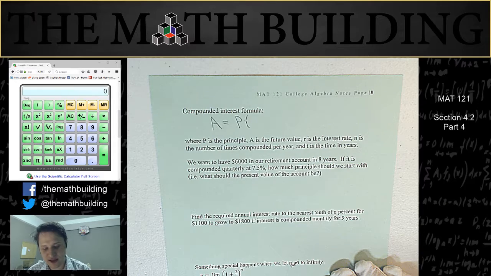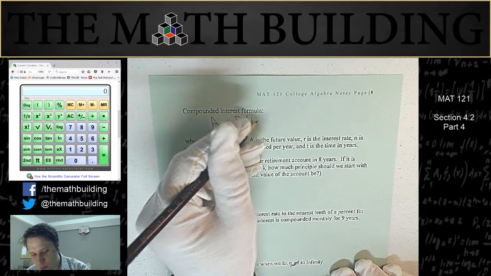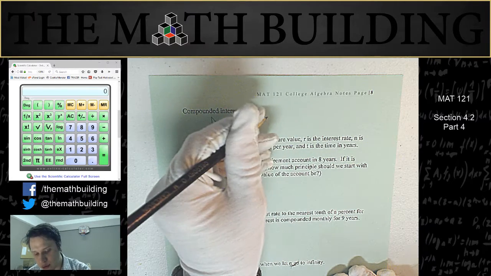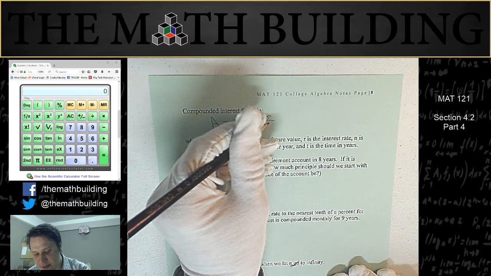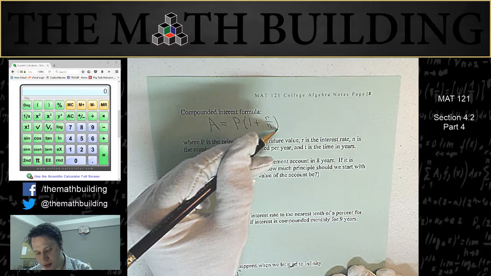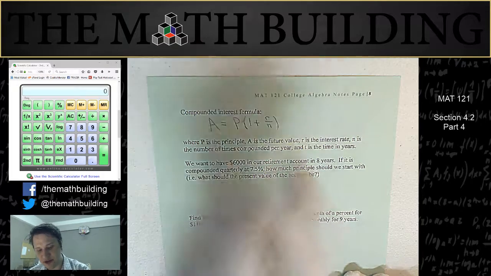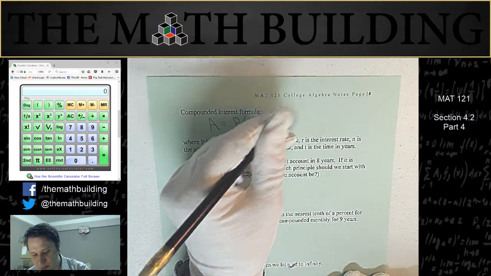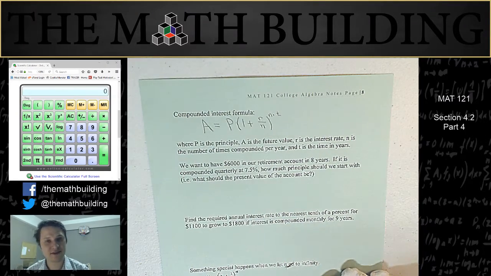And the way we calculate the multiplier is as follows. 1 plus your interest rate divided by the number of times you compound a year, then you take that to a power of the number of times you compound a year times the number of years, t. And that's the formula.